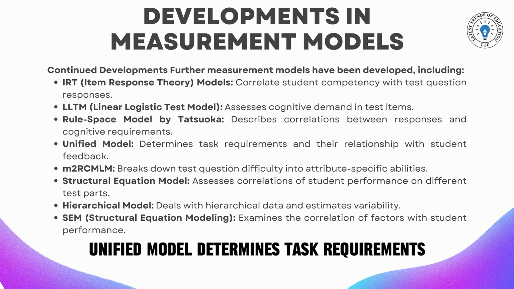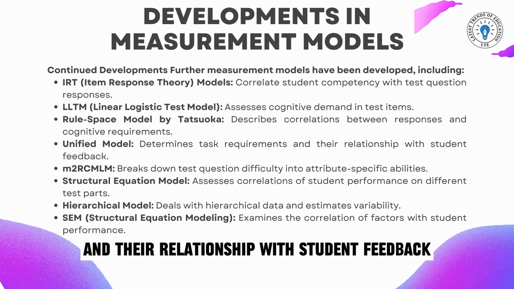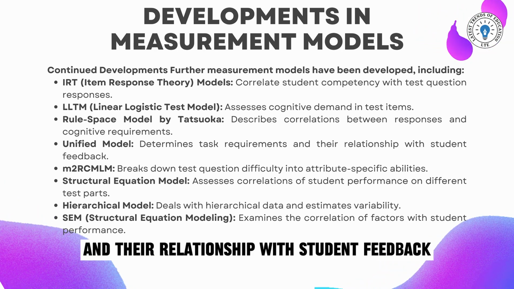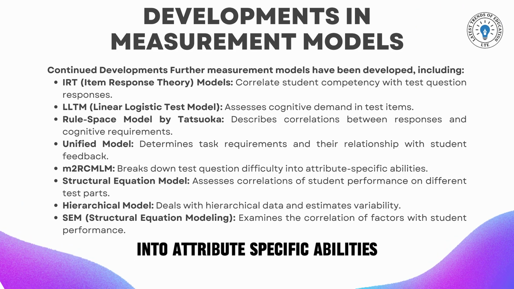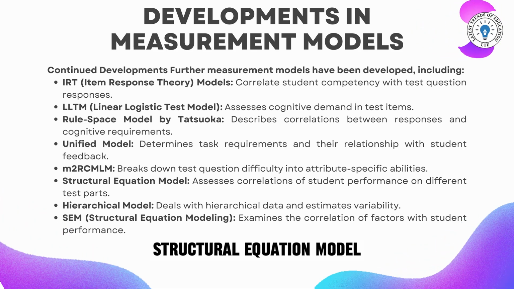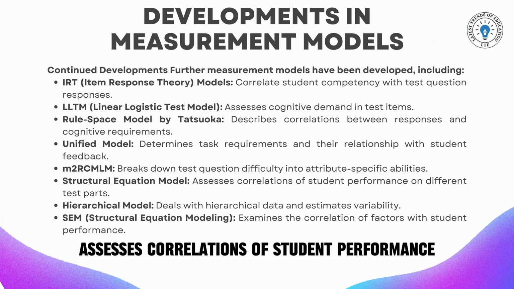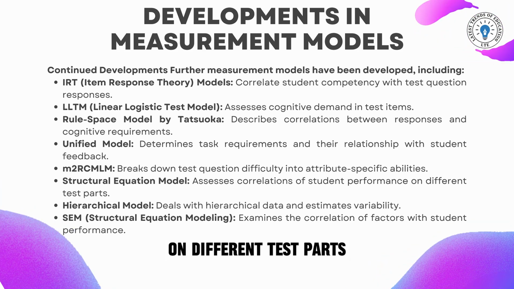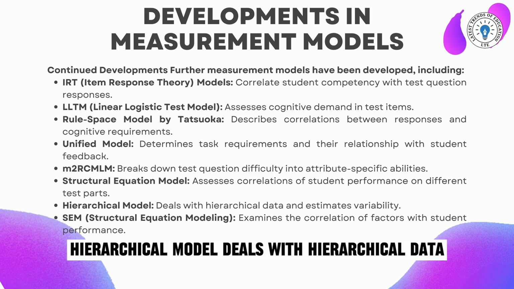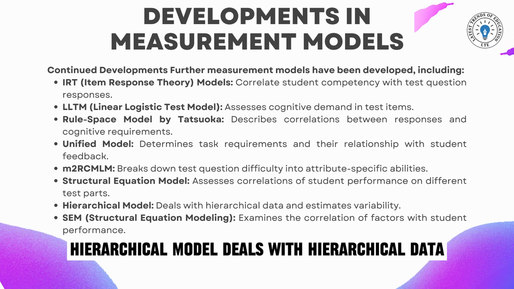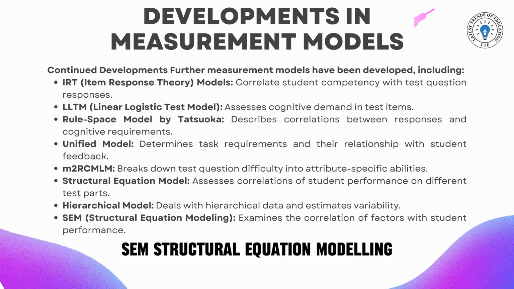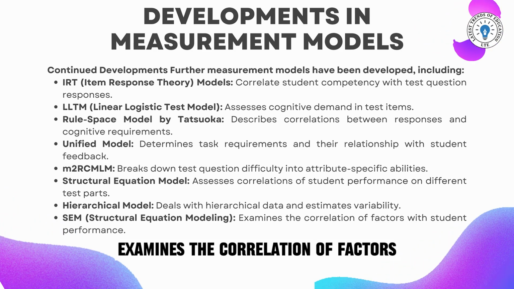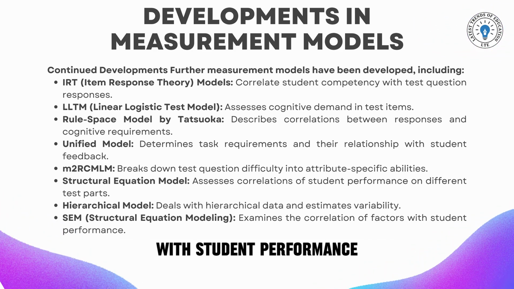Unified model determines task requirements and their relationship with student feedback. M2 RCMLM breaks down test question difficulty into attribute-specific abilities. Structural equation model assesses correlations of student performance on different test parts. Hierarchical model deals with hierarchical data and estimates variability. SEM, structural equation modeling, examines the correlation of factors with student performance.